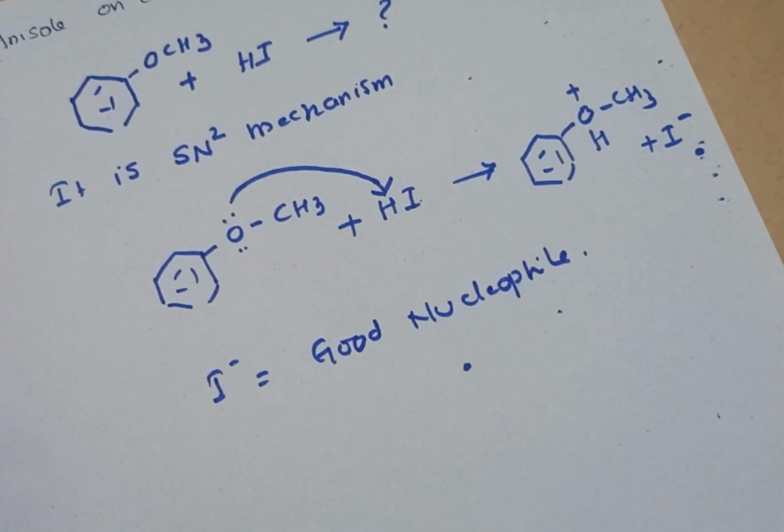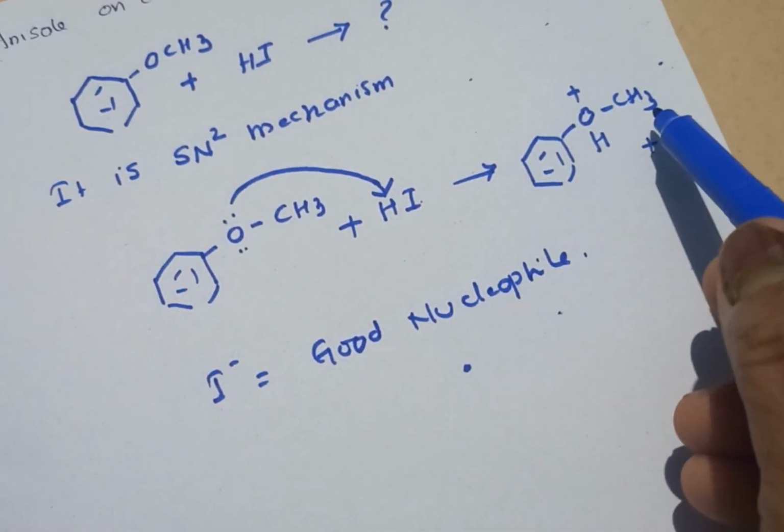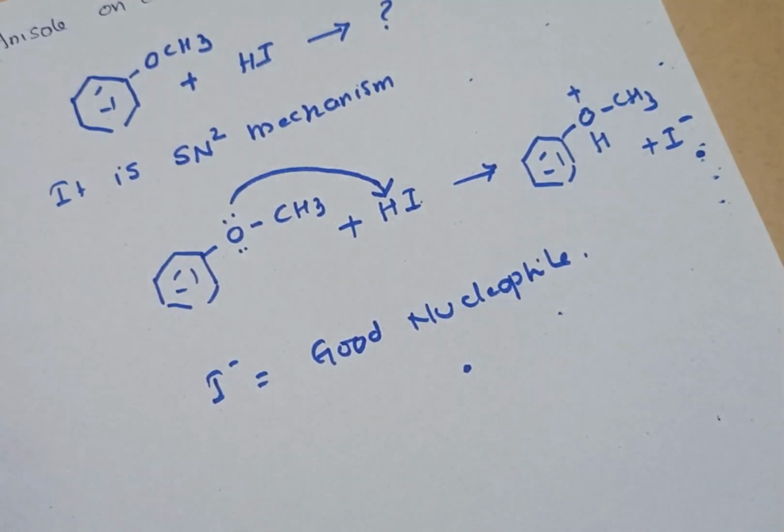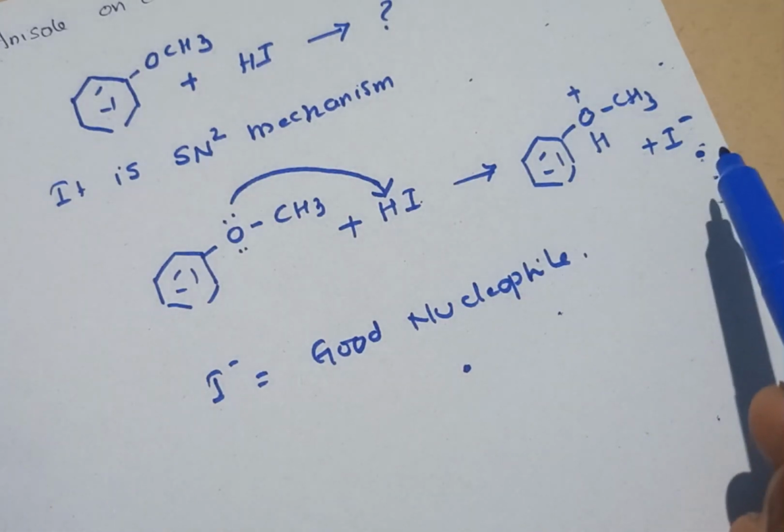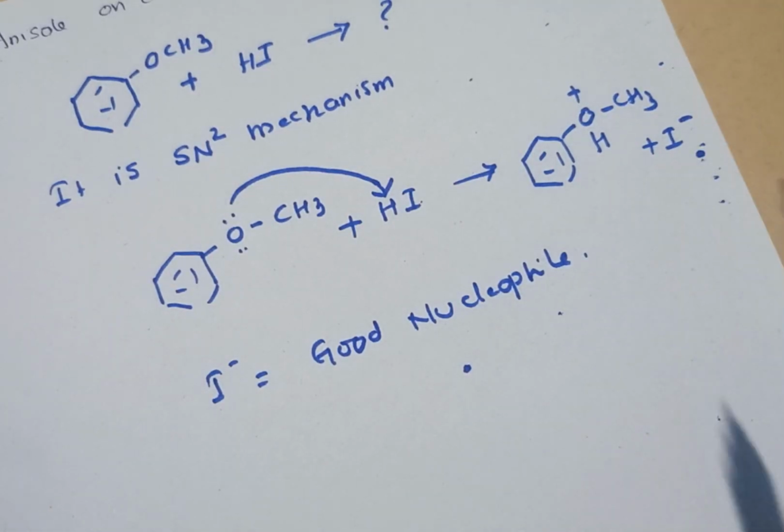Now the question arises: I minus goes with whom? Whether with the aromatic ring or with this methyl group. What are the products? So let me clear this. I minus is a good nucleophile, but here one thing we are required to note is that it follows the SN2 mechanism. So here the bond cleavage takes place between whom?